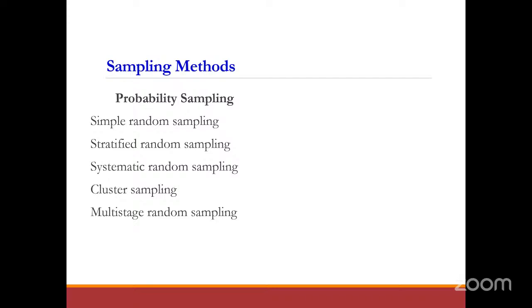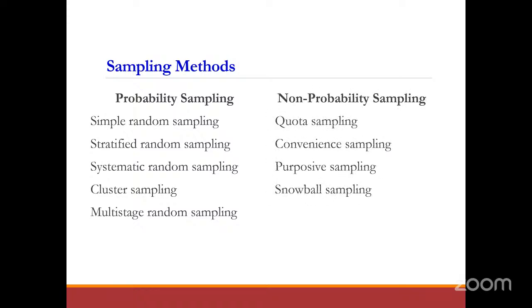So there are mainly two types of sampling methods. One is probabilistic sampling and another is non-probabilistic sampling. In probabilistic sampling, basically four or five types of sampling methods are there, and we employ this kind of sampling method basically for large-scale surveys. They are simple random sampling, stratified random sampling, systematic random sampling, cluster random sampling, and multi-stage random sampling, based on the situation, our objective and the area of study.